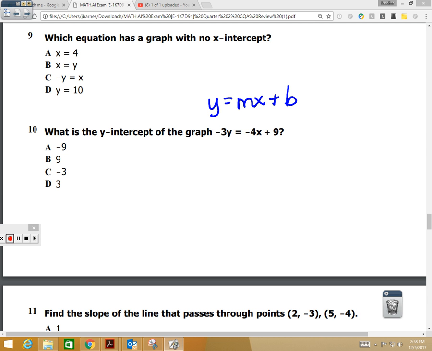Because right now, y is being multiplied by negative 3, so I'm going to divide by negative 3. And I need to divide both of the terms on the right of my equation also by negative 3. So that's going to give me y equals positive 4 over 3x minus 3. 9 divided by negative 3 is negative 3. So what is the y-intercept? Negative 3.